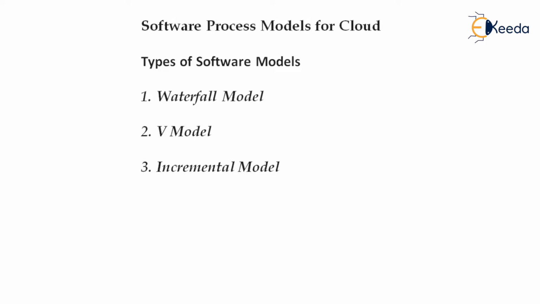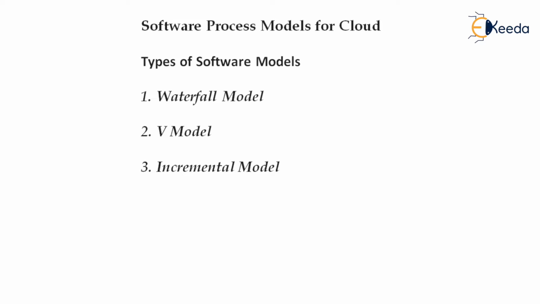The iterations pass through the requirements, design, implementation, and testing phases, and during the first iteration, a working version of software is generated. So in this incremental model, a number of iterations are present. Accordingly, development still continues until the expected application or software gets produced. So this is the incremental model as a software process model for the cloud.